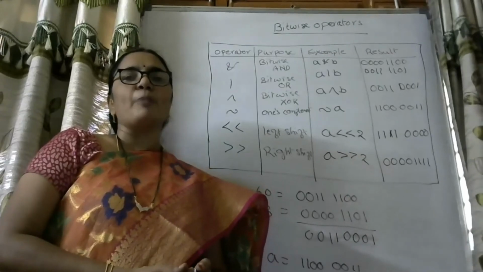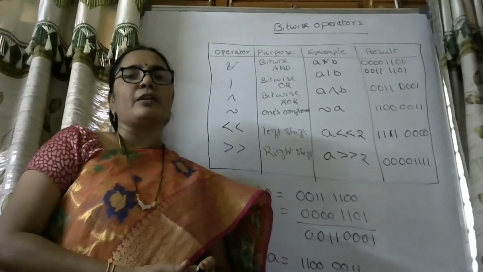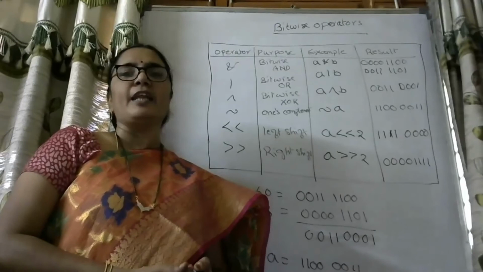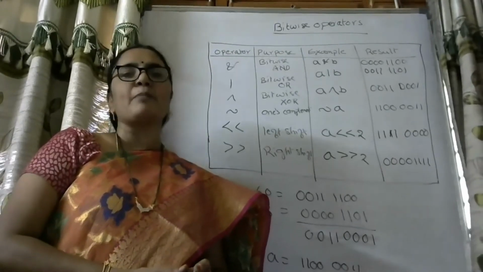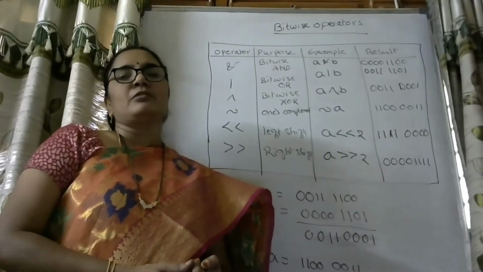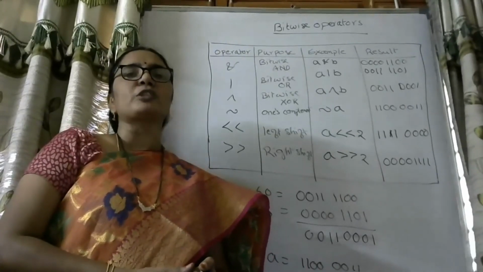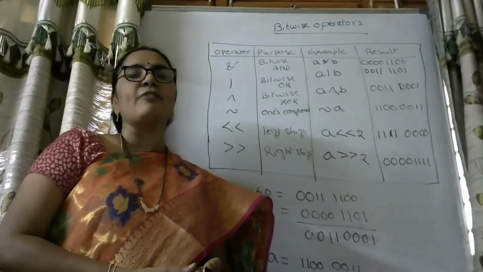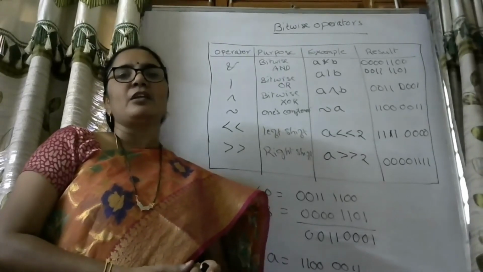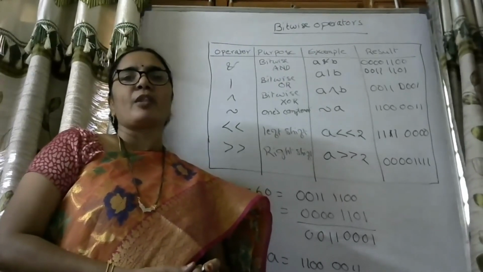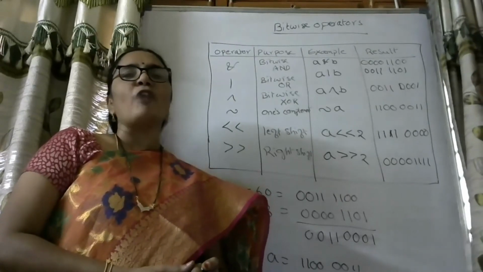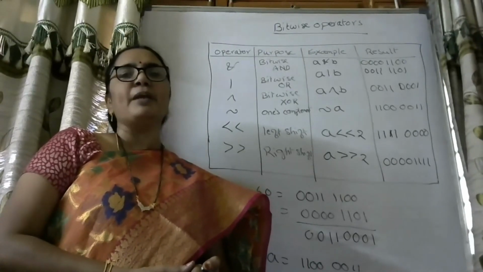What are the topics that were discussed in the variables and assignment? First, we have defined the variable and we have seen what are the rules to be followed while writing the variable names. Next, we have seen what is the general format of the assignment statement.